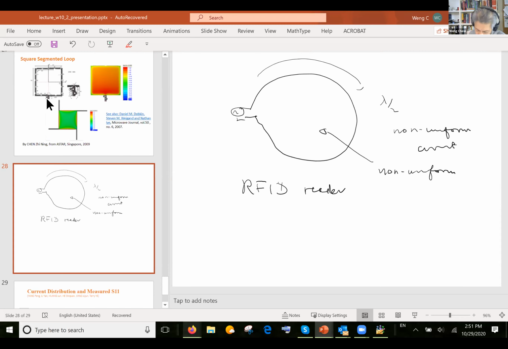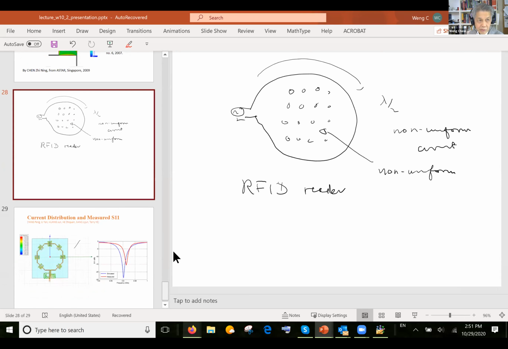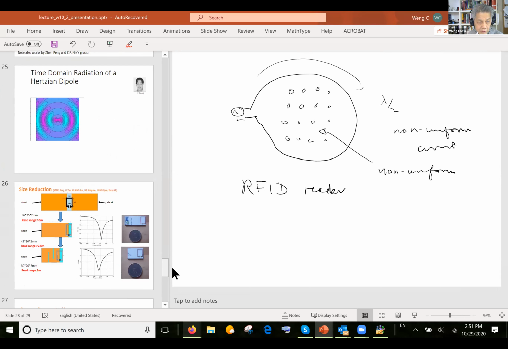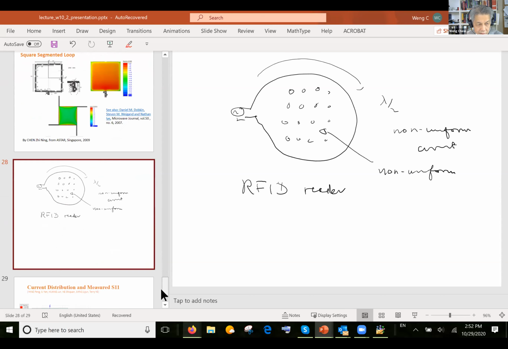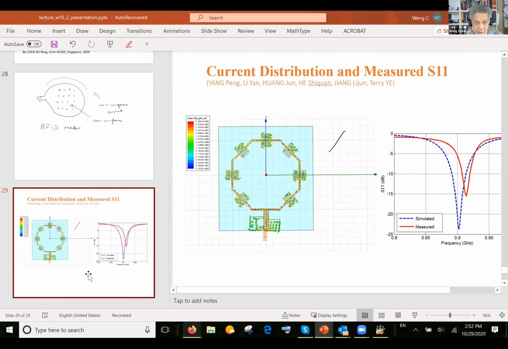In order to read a lot of, say, test tubes simultaneously in a laboratory, you want to read the labels of all these test tubes simultaneously. You want the field to be uniform inside, and one way to make the field uniform is to load this with capacitors. I had some students design something like this.